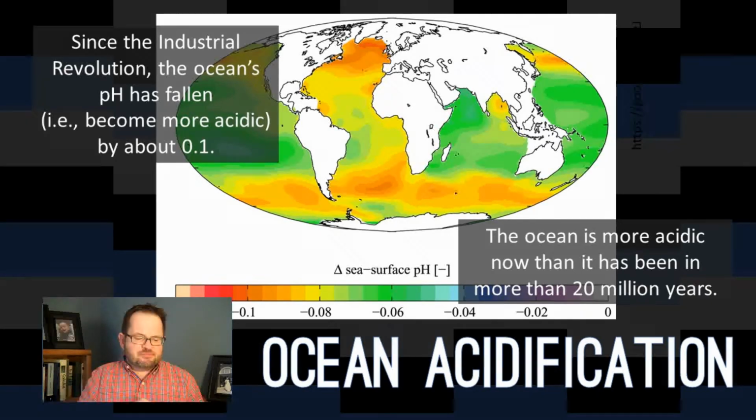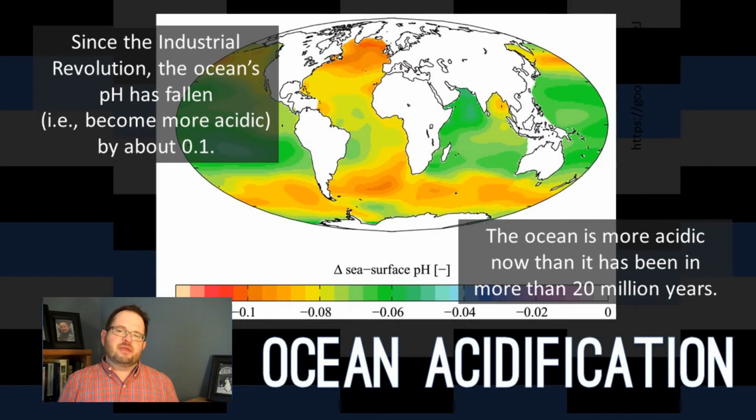If you look at this map that shows the change in the ocean's acidity, you can see that we have reduced the pH of pretty much every part of the ocean around the world. There are no places where the pH has gone up. Since the Industrial Revolution, the pH of the ocean has fallen by about 0.1. 7 on the pH scale is neutral.